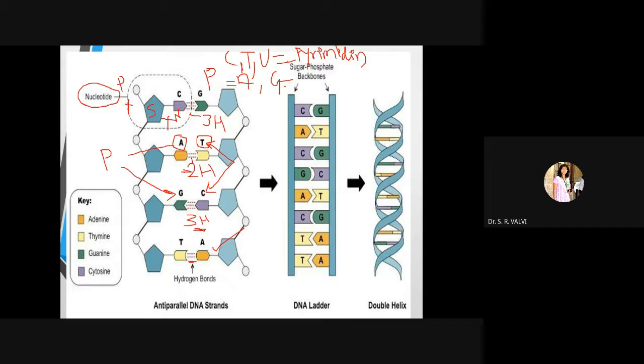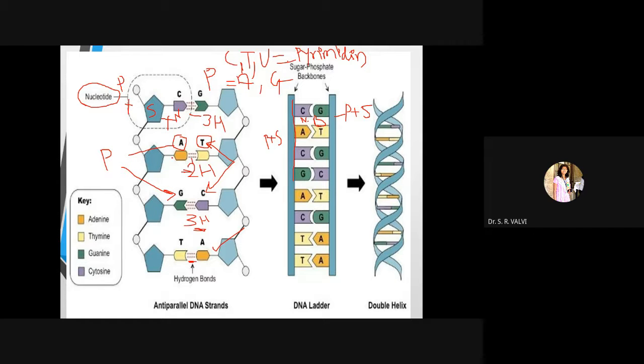So likewise this is the backbone, which is made up of what? Phosphate and sugar. Here is also the same: in this strand or backbone, phosphate plus sugar is there, and in the middle these are the nitrogenous bases. I will write here only NB. NB, nitrogenous bases, right? So nitrogenous bases are of 4 types.